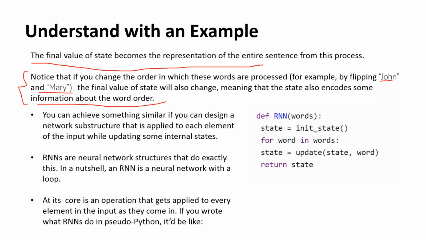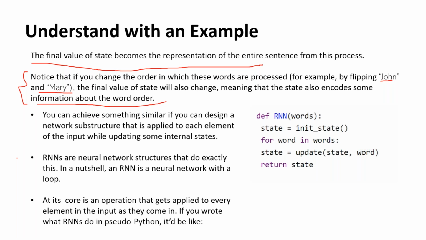You can achieve something similar if you design a network or substructure that is applied to each element of the input while updating some internal state. That is something very important. So RNNs are neural network structures that do exactly this.